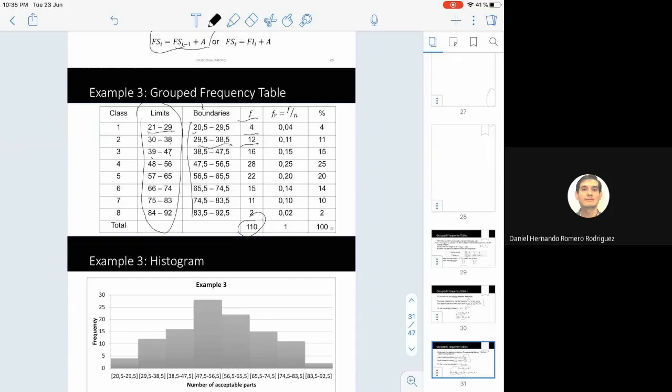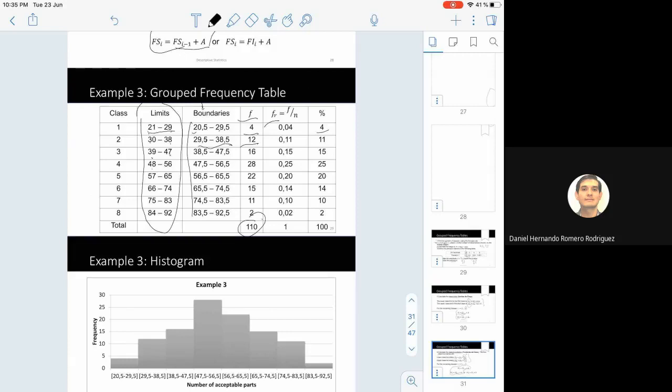Then you can compute the relative frequency, which is just a way to express the frequencies using a percentage format. So we know, for example, that 4% of the observations are located in the first class. The class with the highest number of observations will be the fourth class.